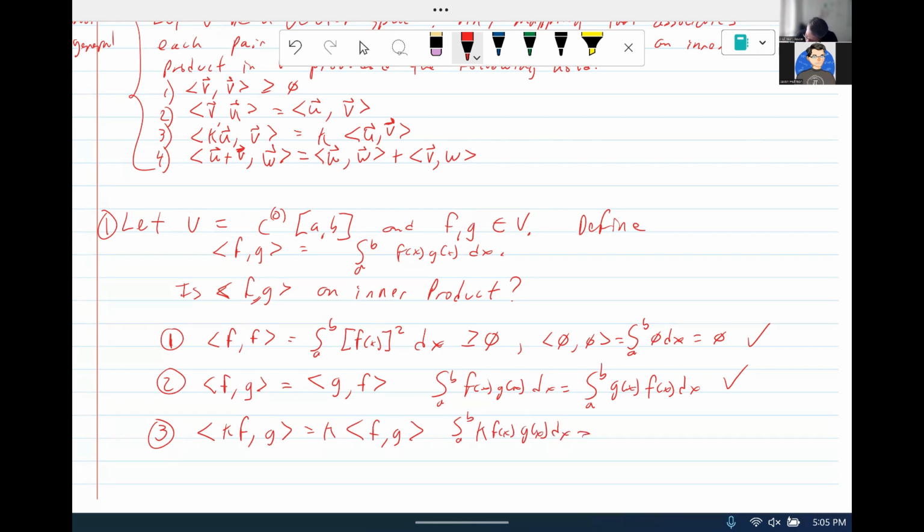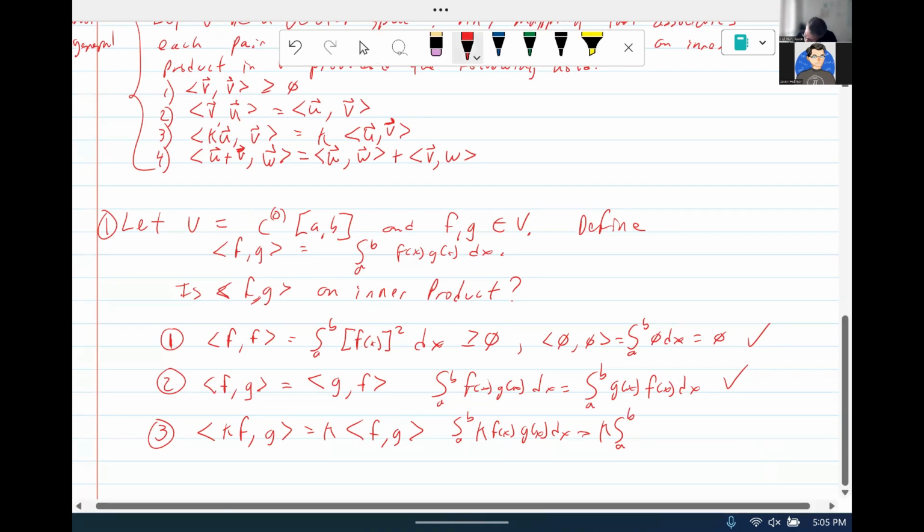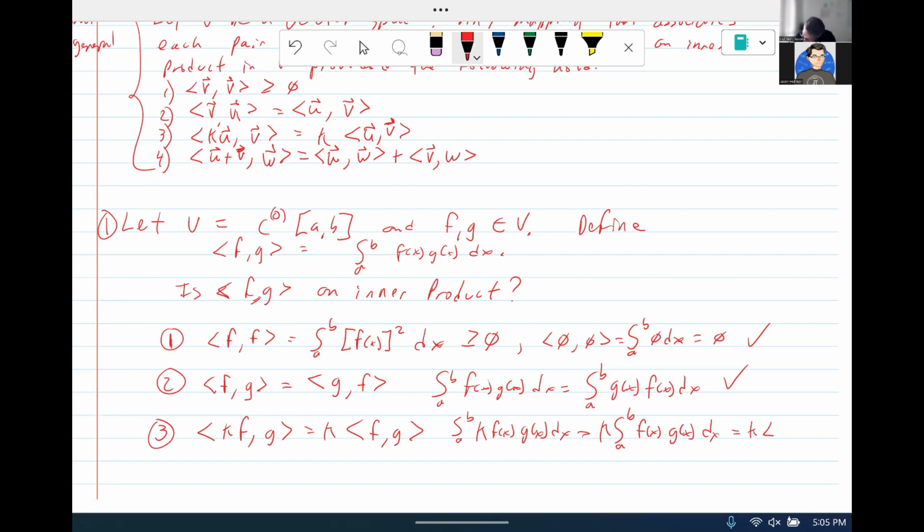I can pull the k out in front. That's k times the integral from a to b of f of x g of x dx, which is equal to k times the inner product of f and g. So that does check.